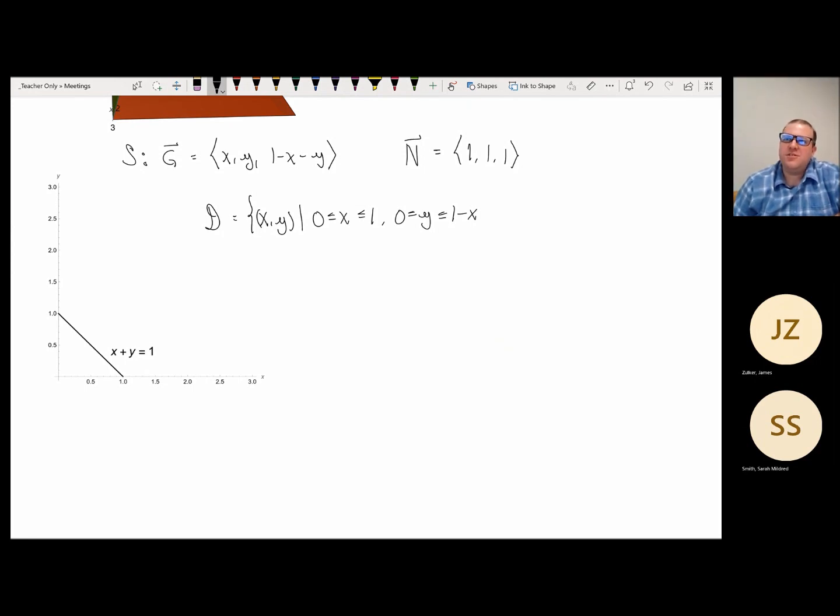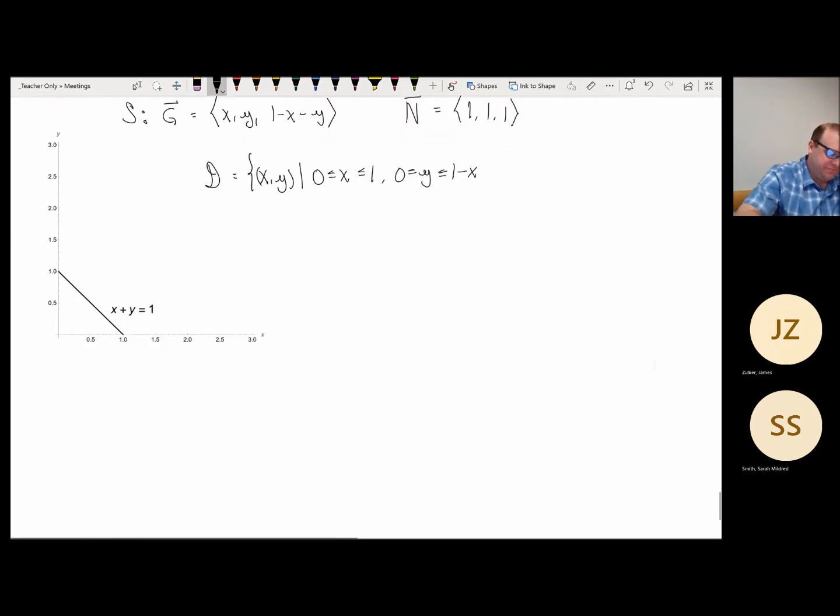This is a triangle. Right, so over that region, y goes from 0 to the line, which is the line y equals 1 minus x. So there we go.